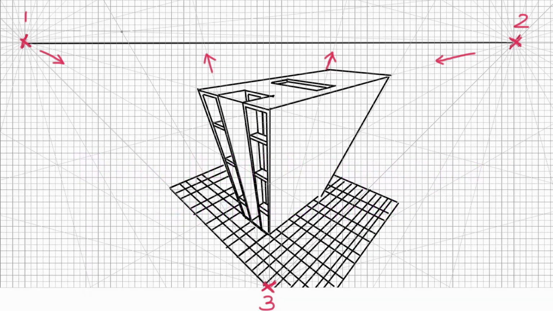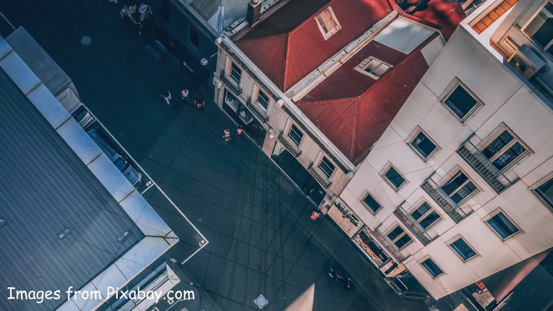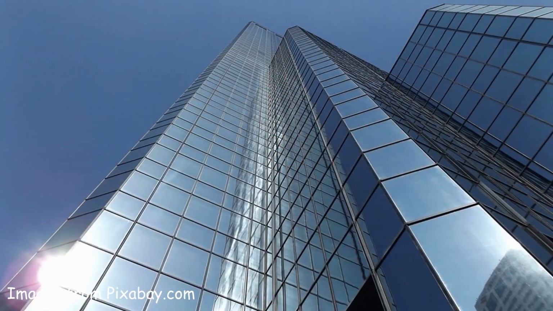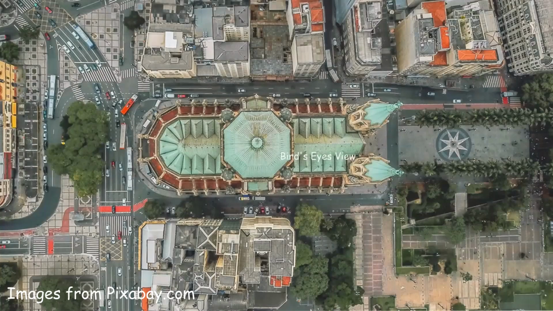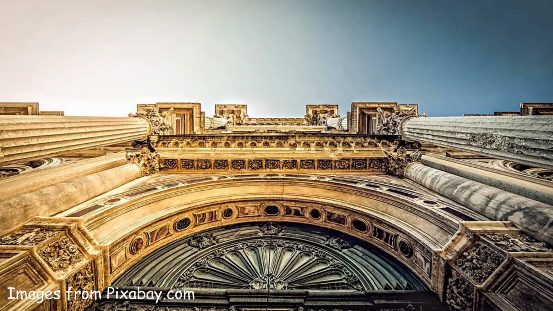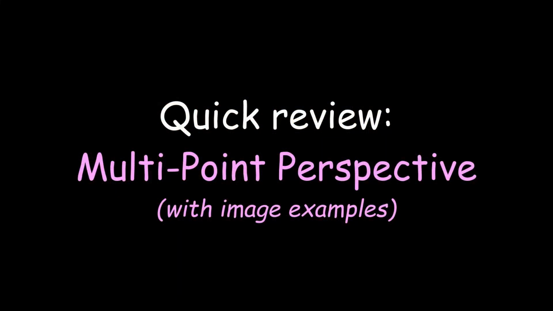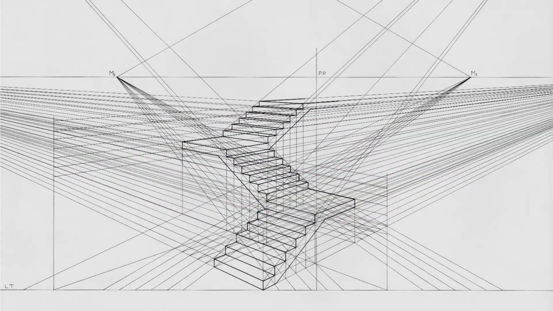You want to use this technique to draw scenes seen from above or from below. Views from above are known as bird's eye views. Views from below are known as worm's eye views. You want to use this one to draw, for example, complex stairs.